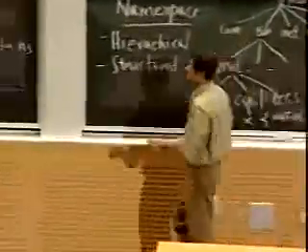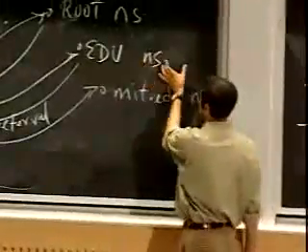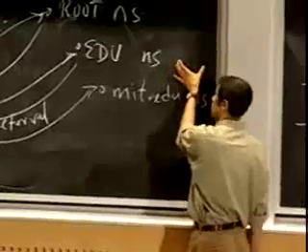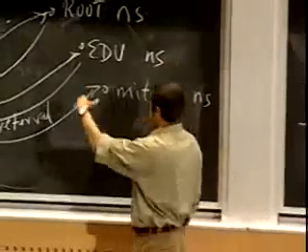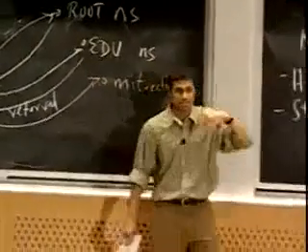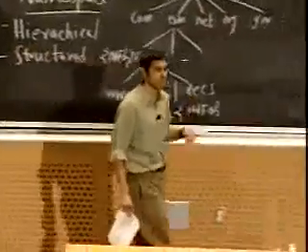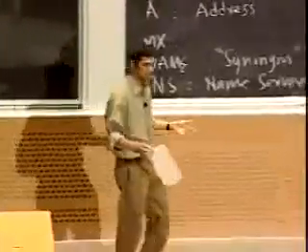You could associate here any label, any name of a name server that's willing to manage the delegation, manage the entries in your database. They don't actually have to match the same domain name.